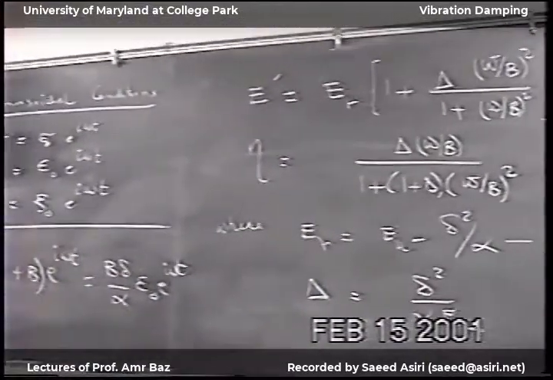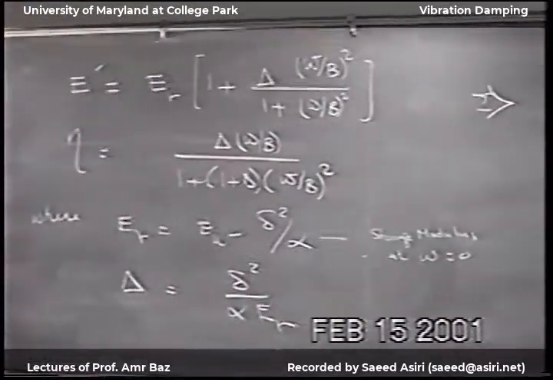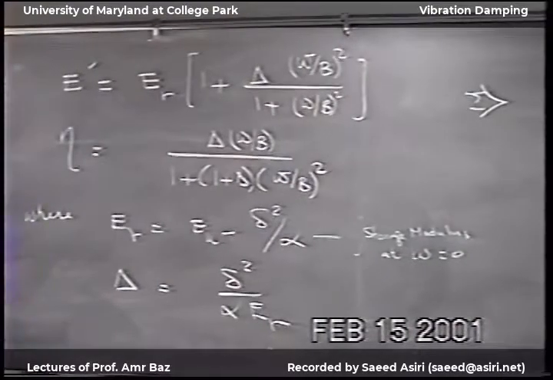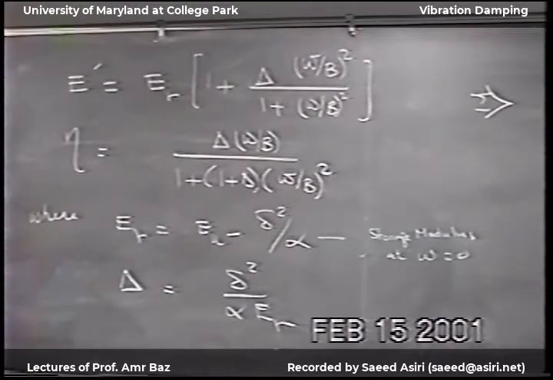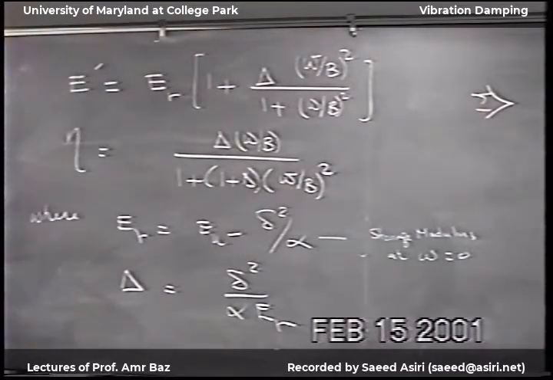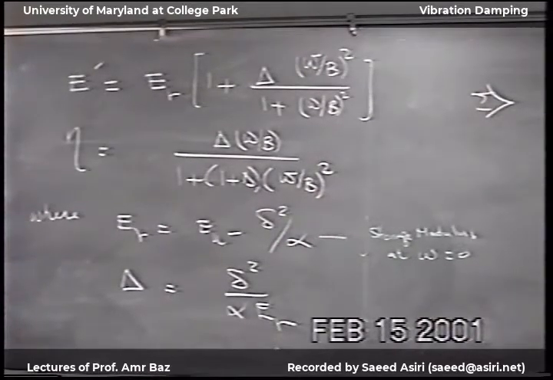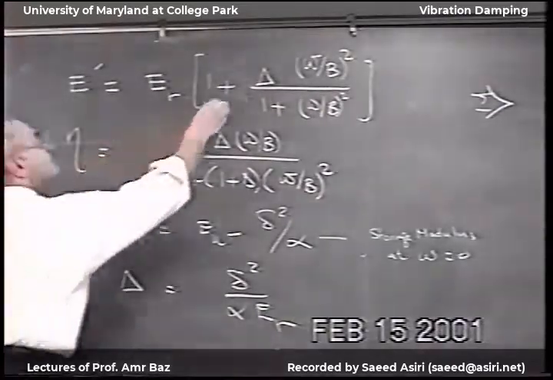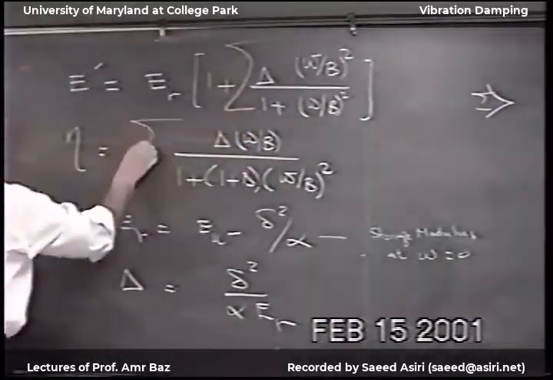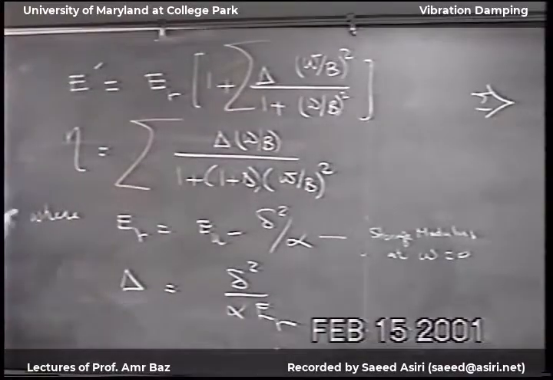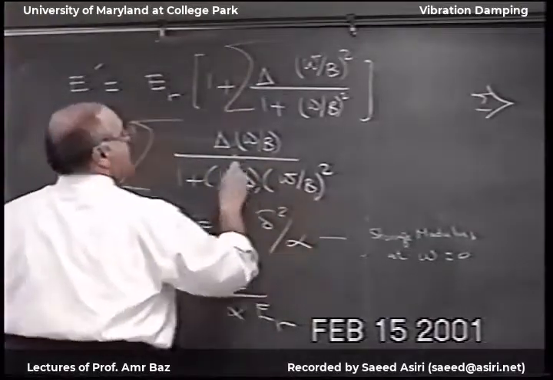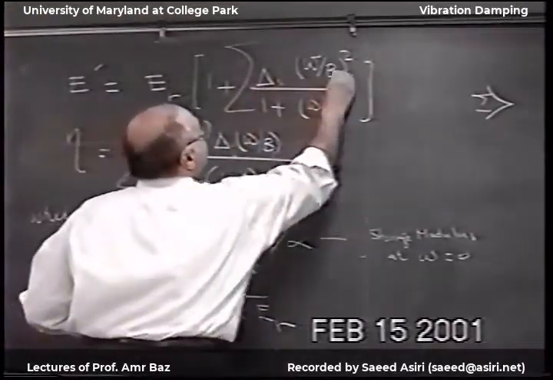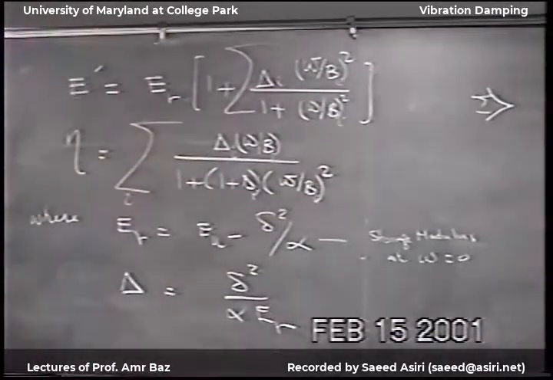Now the rest is exactly like what we've done before. I like this model and it works fine. If it doesn't work, then we come here and make a summation, and this summation will be for different i's.